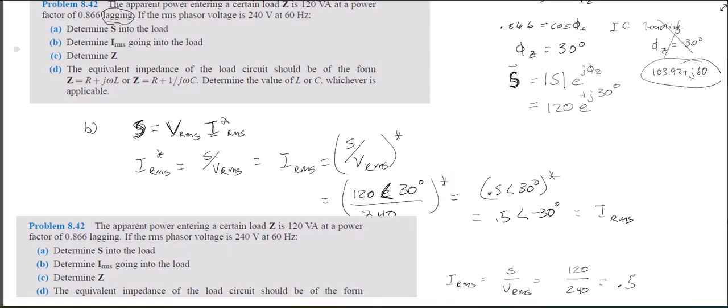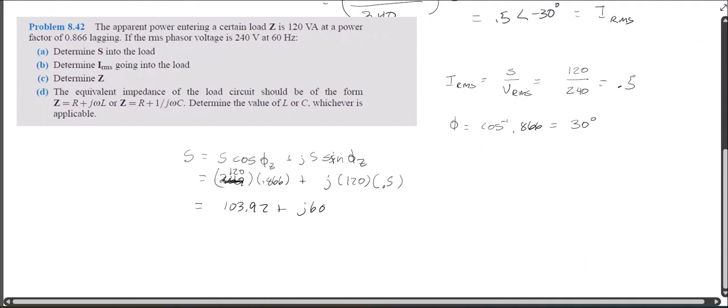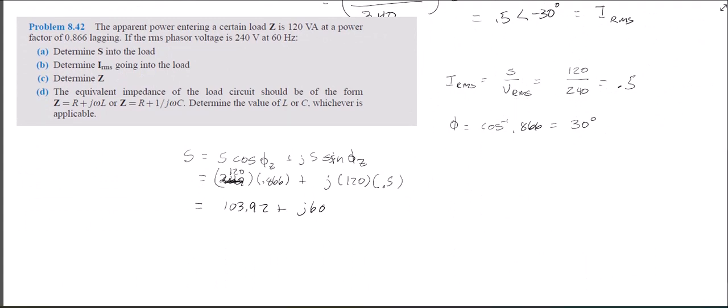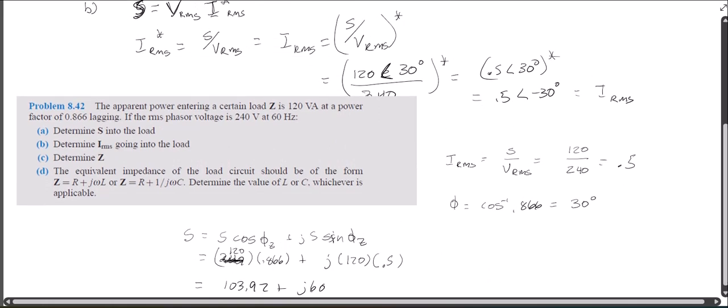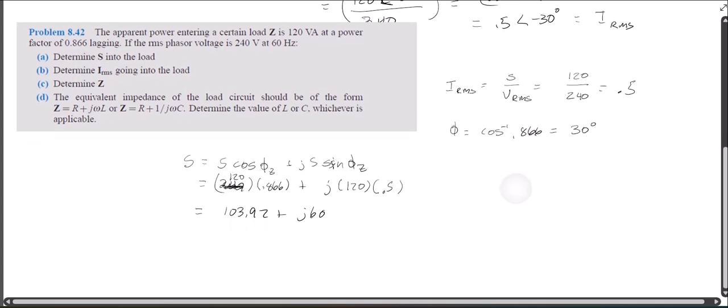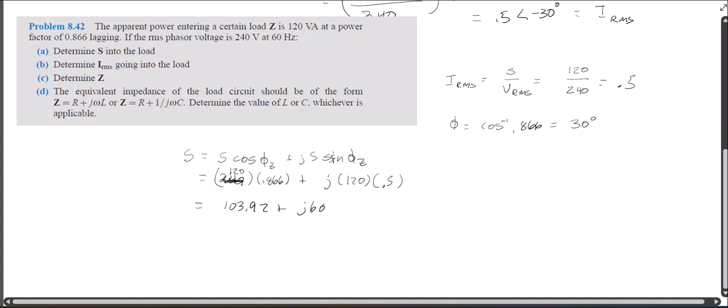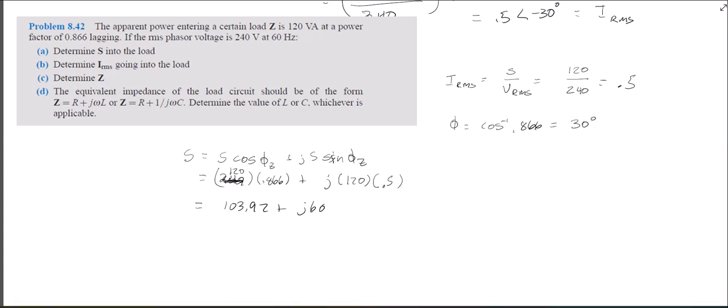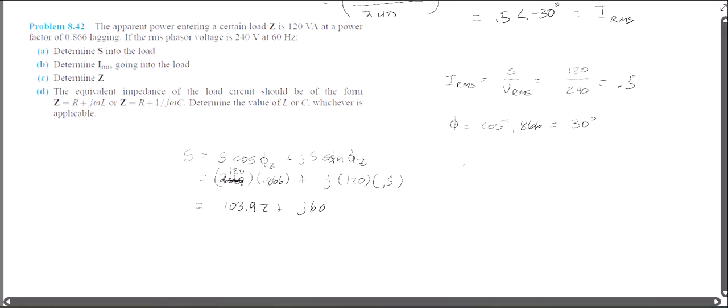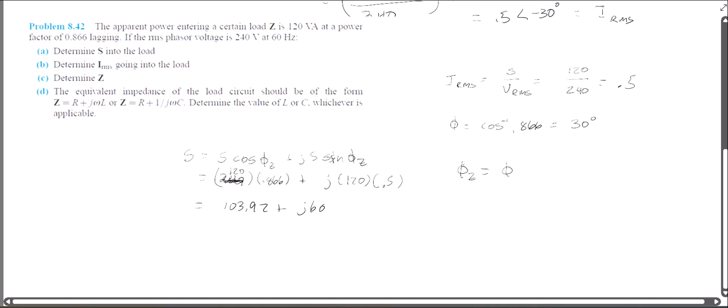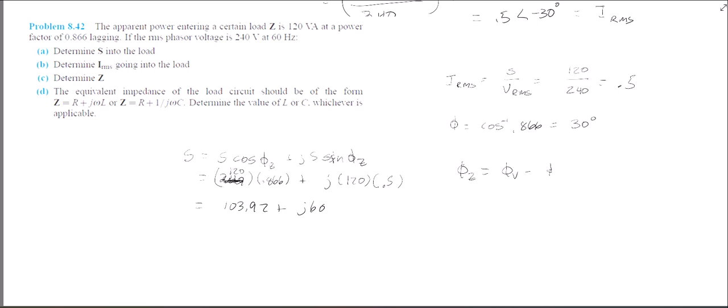You can see that is the same as the S that I got up here when I wrote it in rectangular. And then from that, once I have the angle, I know that phi z equals phi voltage minus phi current, and I know that phi z is 30 degrees, and the voltage is 0 degrees, minus the angle for the current, which is minus 30 degrees.